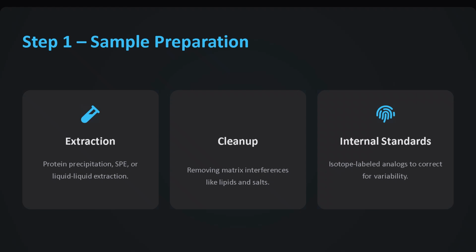Next comes cleanup, where interfering components like lipids, salts, and other matrix substances are removed to improve measurement accuracy. An important step in this process is the addition of internal standards, often isotope-labeled compounds that behave similarly to the analyte. These standards help correct for variability during extraction, ionization, and instrument analysis.